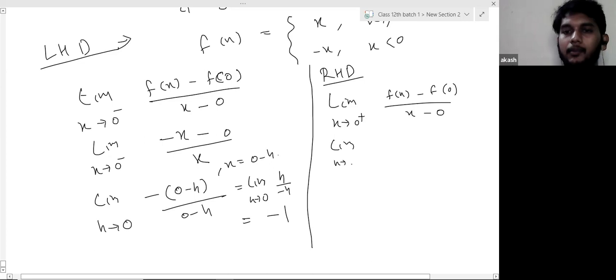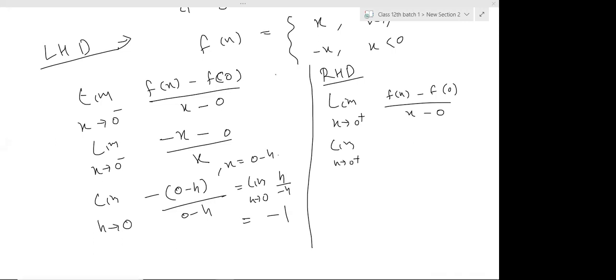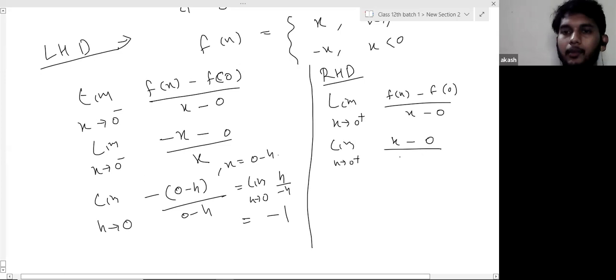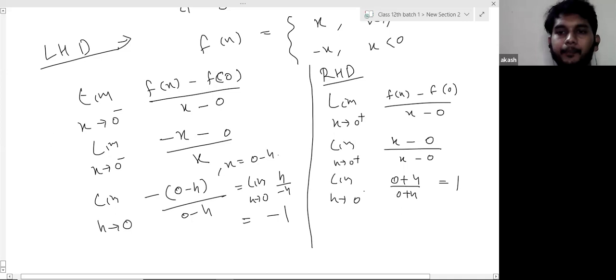Now limit x tending to 0 plus, what will be f(x) here? x. So x minus 0 upon x minus 0. We can put h tending to 0, 0 plus h upon 0 plus h, and this is obviously 1. This thing is clear or not?